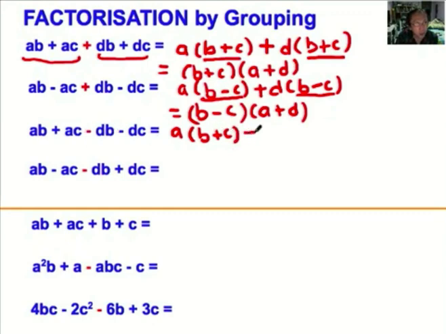We need to put a negative here, and the common factor here is D. Now what remains in the brackets should be the same as the first term in the brackets, which is B plus C. Thus we have B plus C is the common factor and A minus D in brackets.